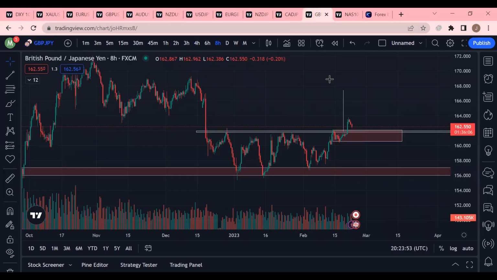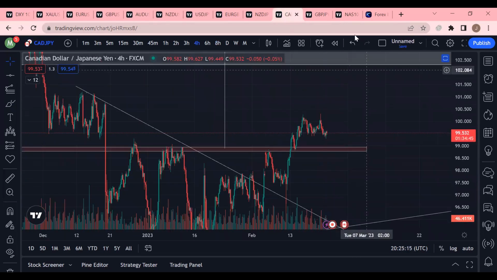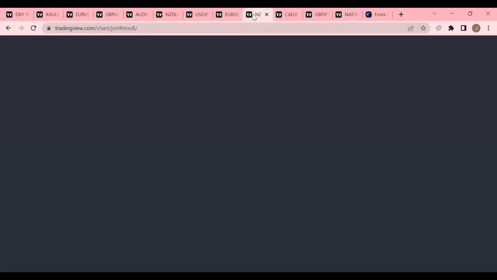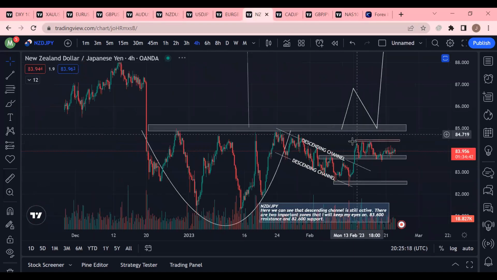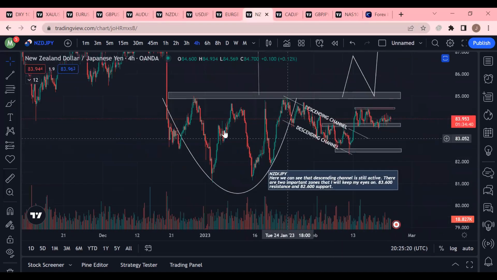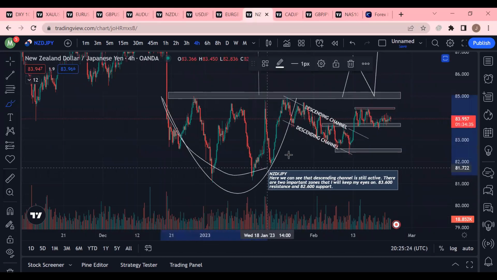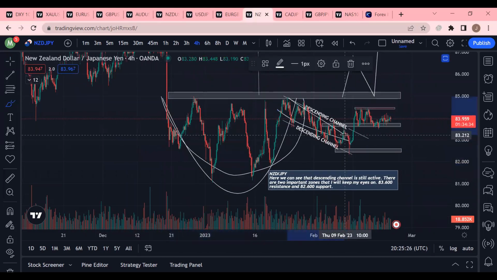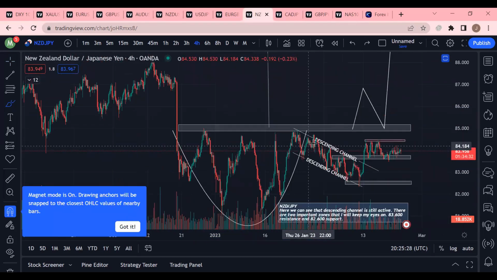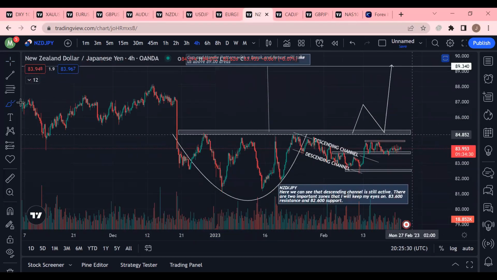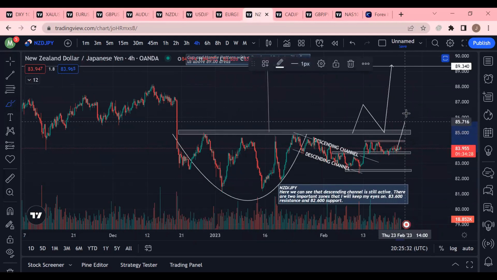This is what I'm looking at on GBP JPY, CAD JPY, NASDAQ, NZD. And NZD is even giving us a cup and handle pattern. This is called a cup and handle pattern. And if we break this to the upside, break and retest will go.